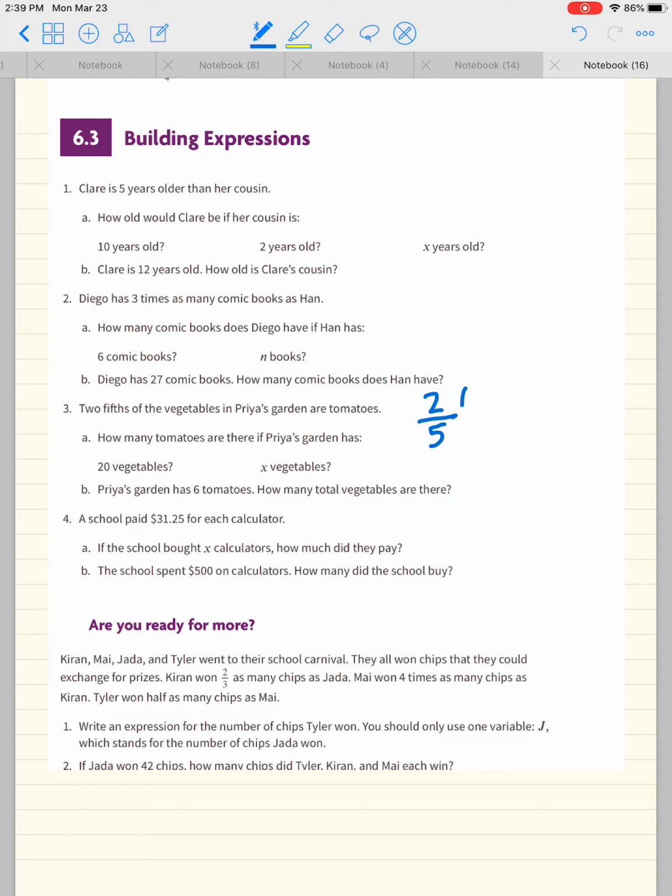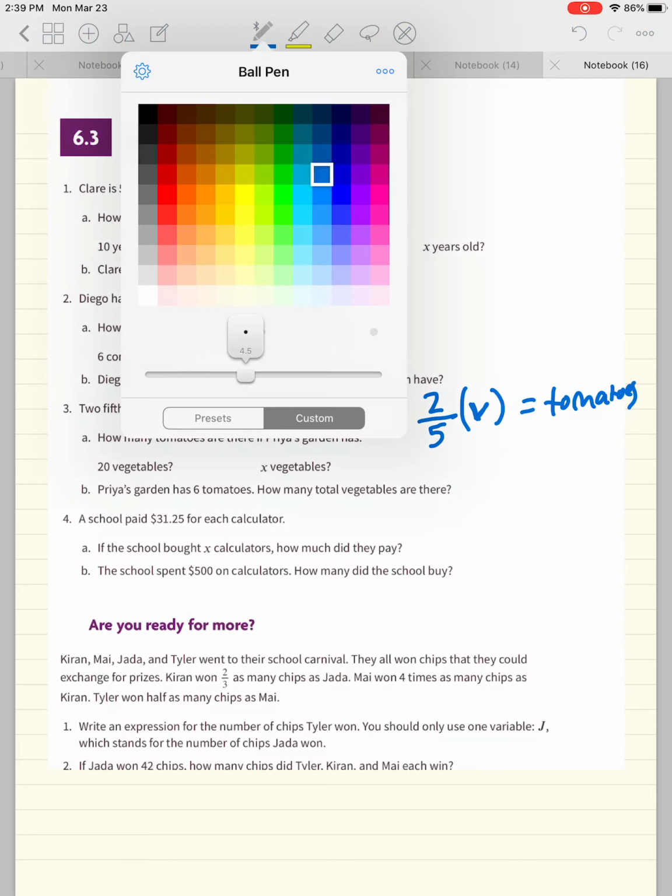So 2/5 of the vegetables in Priya's garden, I'm going to put a V for vegetables, are tomatoes. Okay. How many tomatoes are there if Priya's garden has 20 vegetables?